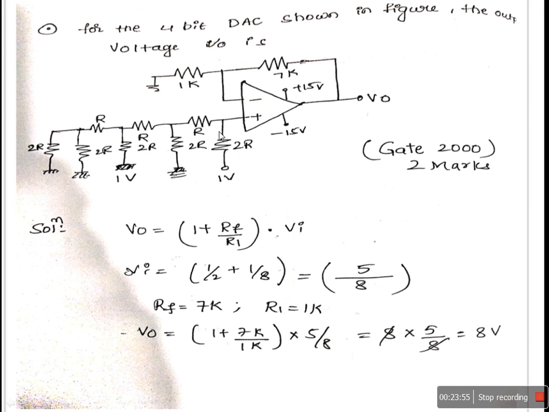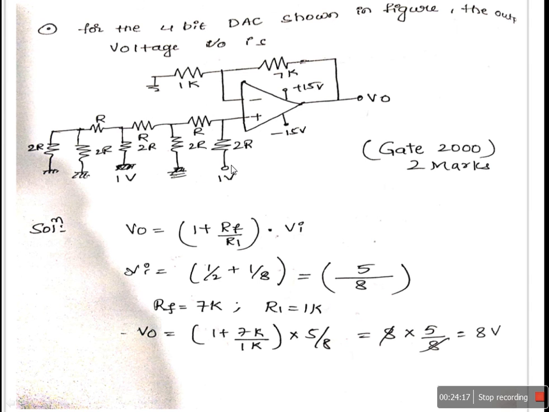Already you know that this is the voltage switched R2R ladder DAC, because here each bit is connected to either the voltage or the ground. So here it is connected to the voltage, 1 volt, and this bit is connected to 0, 1 volt, 0.